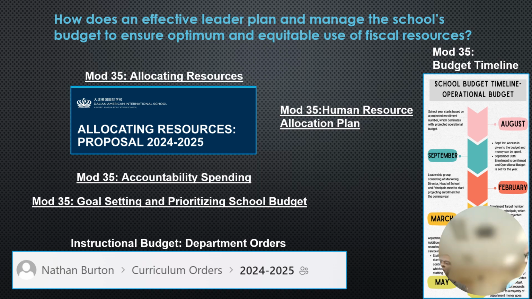Thankfully, we have enough systems in place where, if teachers want to order something, you go through the head of department first. So is it even aligned to the standards? So at least you have some checks and balances. We have an automated system that a purchase above a certain amount, the principal can approve it. A certain amount greater than that, the head of school also has to approve it.